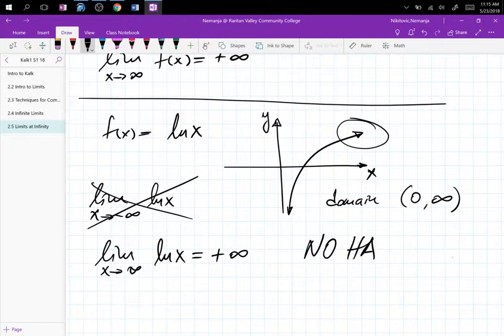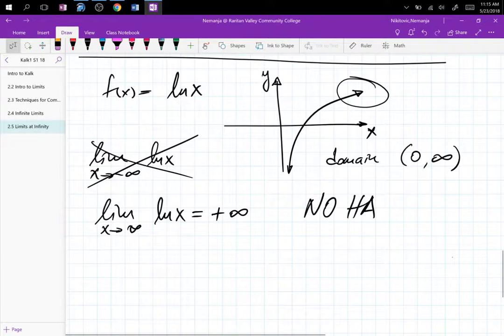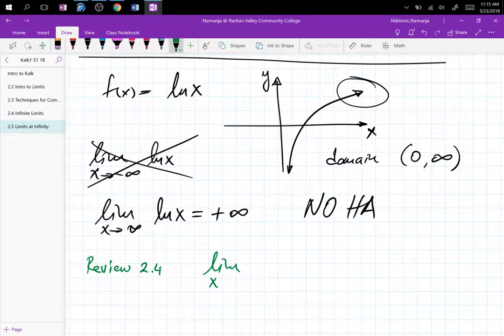Now we have a vertical asymptote present, so let's review briefly. How about green? Review 2.4. Limit as x goes to 0 plus. I have to approach from the right. There is nothing on the left of 0. I can't approach from the left. There's no function on that side.